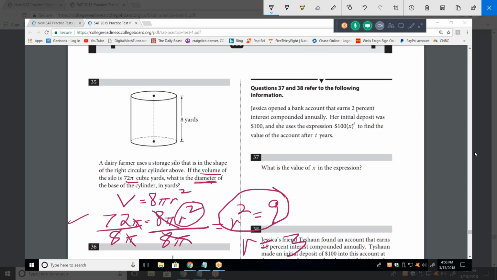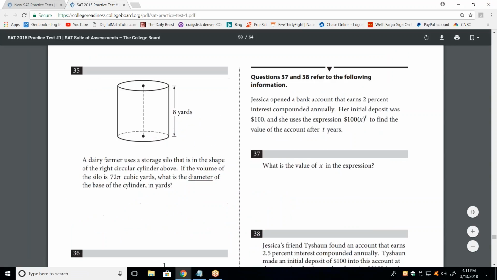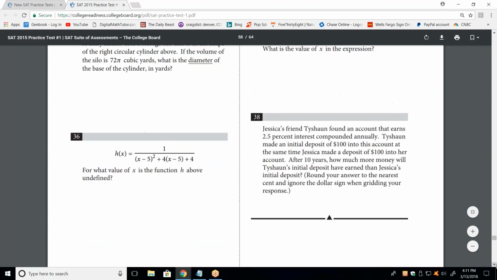Here's a radius. There's a diameter. It'd be 6. Okay. Don't overthink these. Some of them are relatively easy.